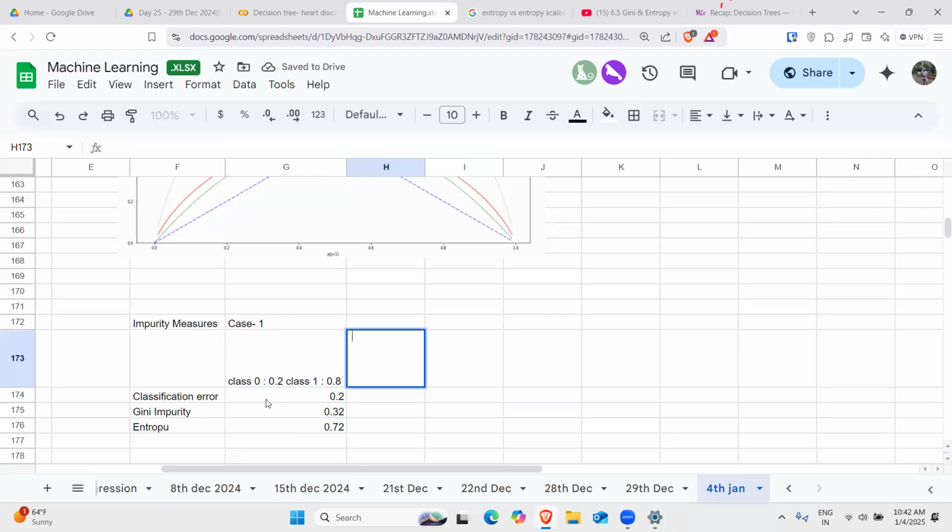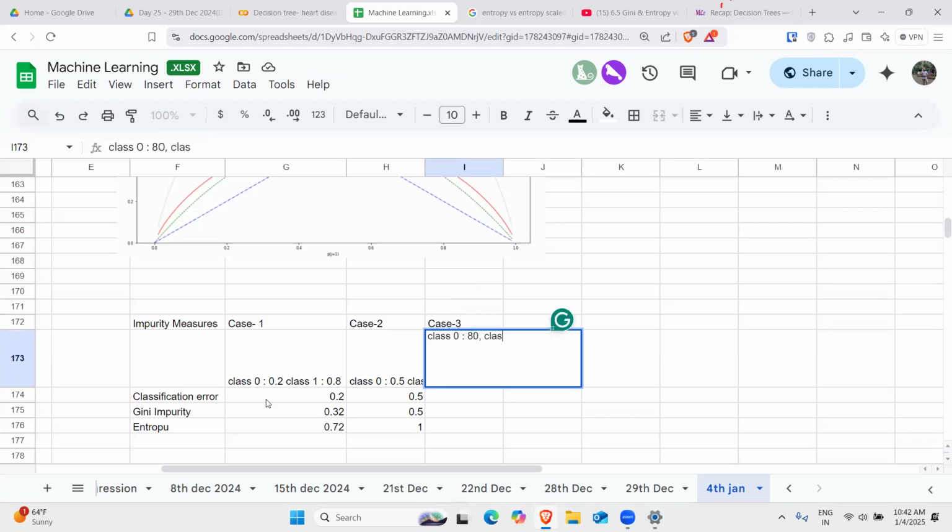Case 2 was class 0 is 0.5, class 1 is 0.5. Classification error becomes 0.5, 0.5, 1. And here it is your case number 3, that is also class 0, 80, class 1, 20.